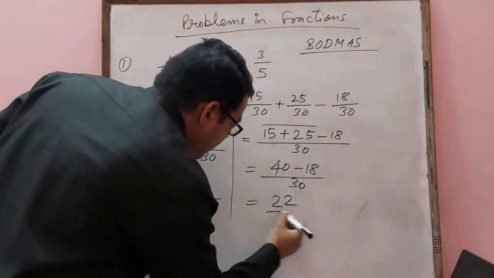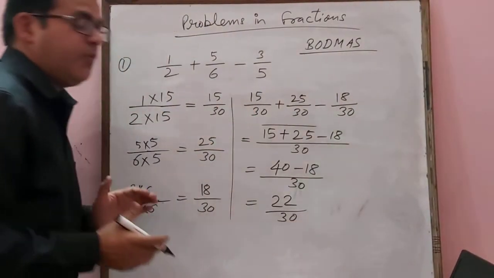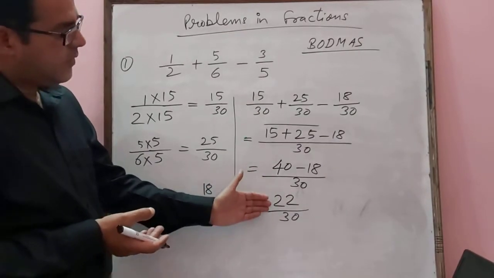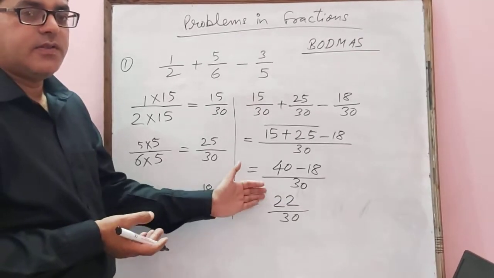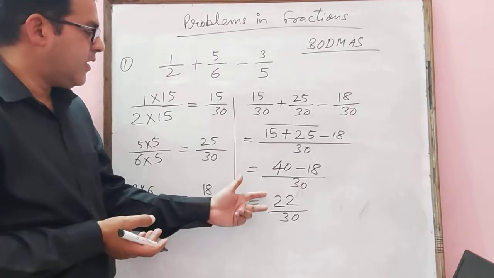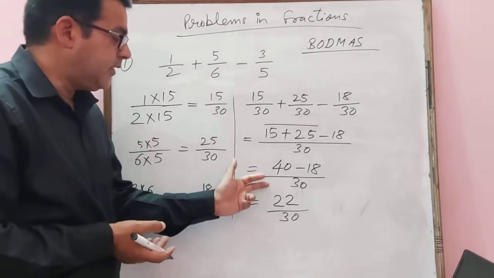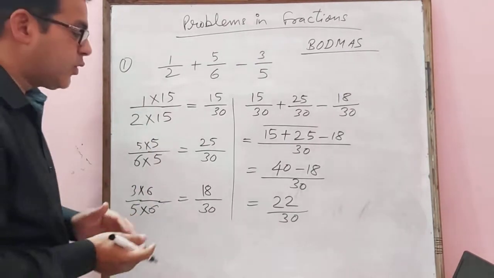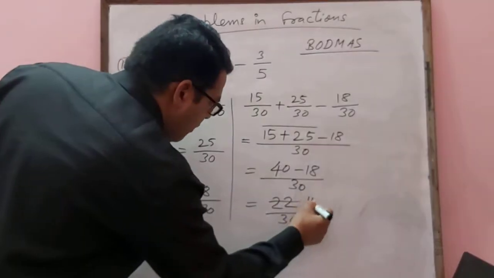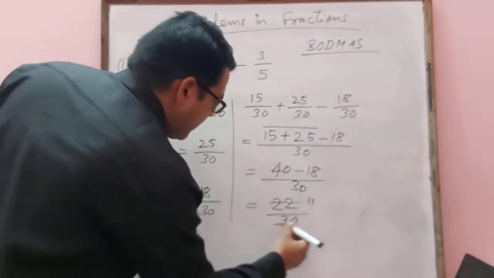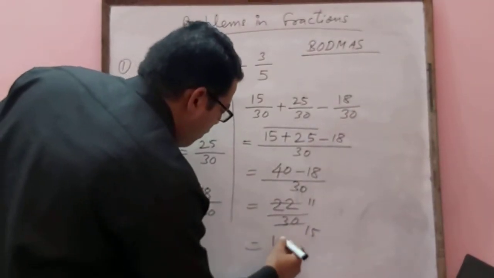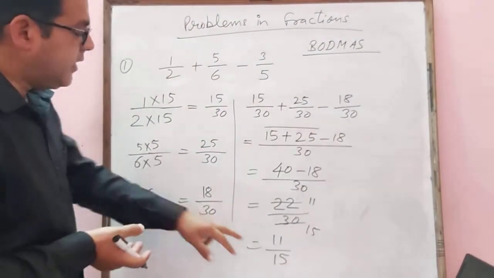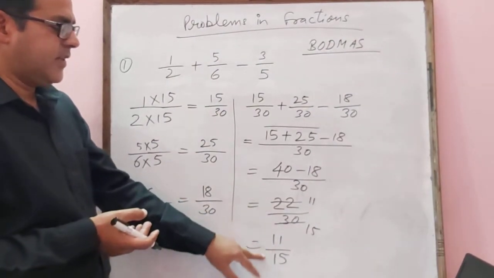And downside 30 we already have. Right? Now you can see here, we can minimize it. We can see here 22 and 30, 2 is common in between. So by 2 we can cut 22 eleven times, and by 2 we can cut 30 fifteen times. So we can write it as 11 by 15. This is the simplified fraction.